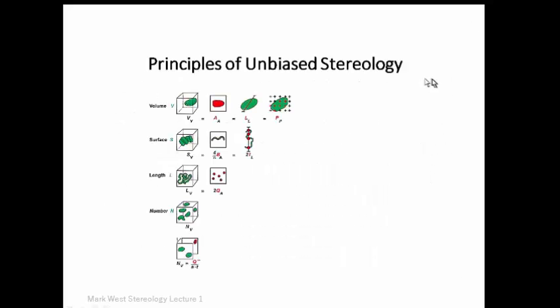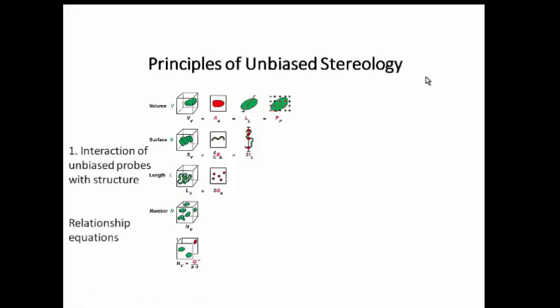The principles of unbiased stereology are the following, and I'm going to go through them again after I have listed the basic components of a stereological analysis. For one, there is the interaction of unbiased probes with the structure, and we can have different types of probes such as point probes, line probes, area probes, and we can talk about the relationship between the interaction of the probes with the structural feature we're interested in.